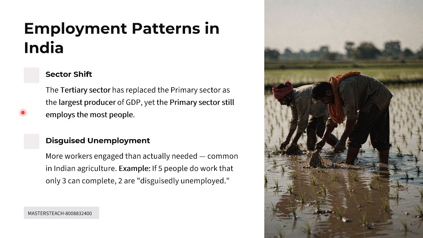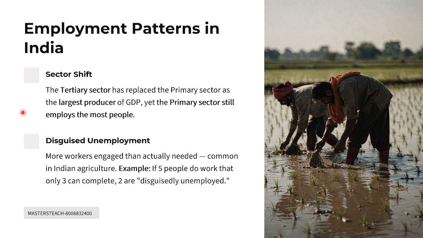That means the primary sector, agriculture, mining, fishing, etc., has a lot of employment, but it is not contributing as much as the tertiary or service sector. So the largest producer of GDP is the tertiary sector. Previously it was the primary sector, but nowadays it is the tertiary or service sector.